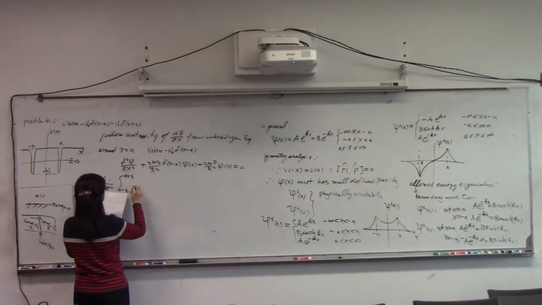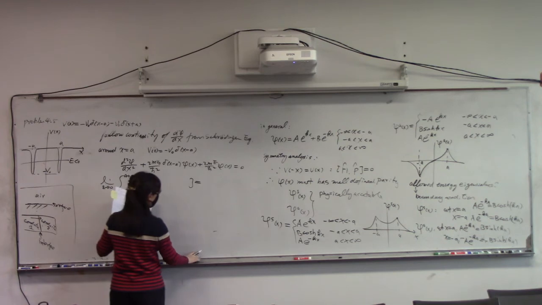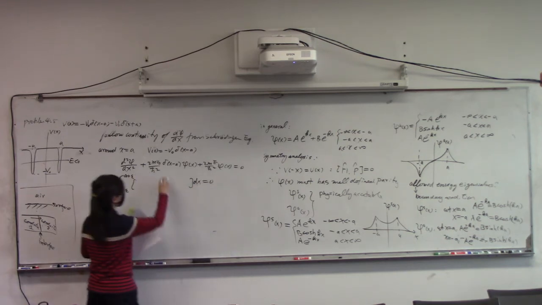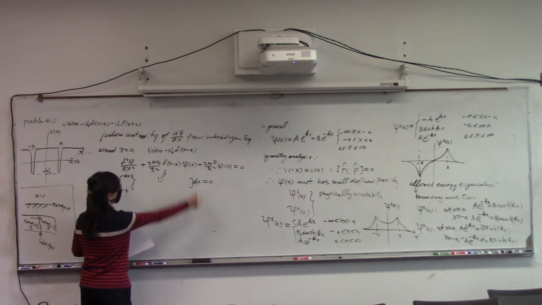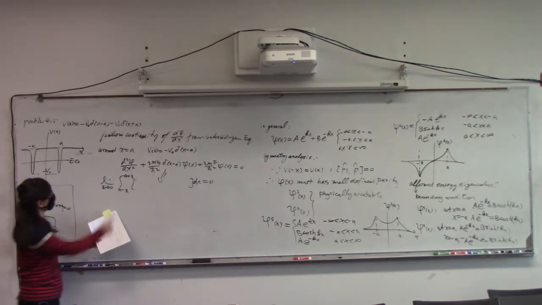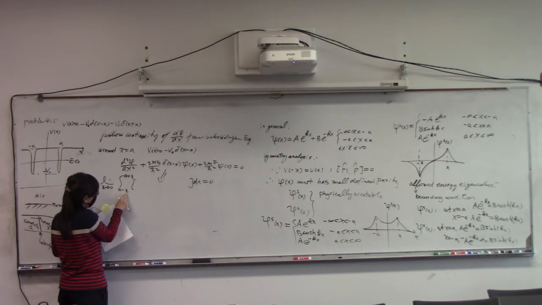Then we have this term inside. If the integral equals 0 over a very small range near a, that is also equal to 0.